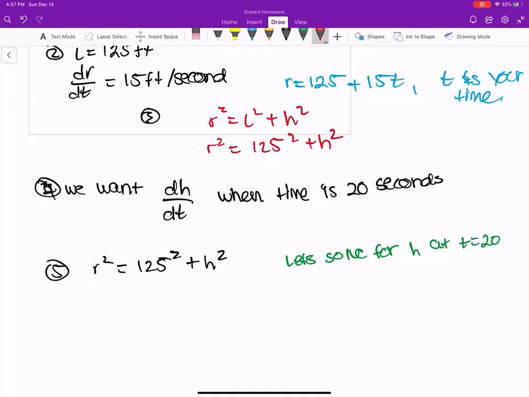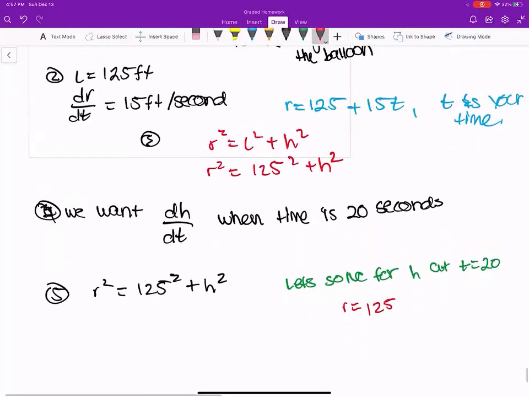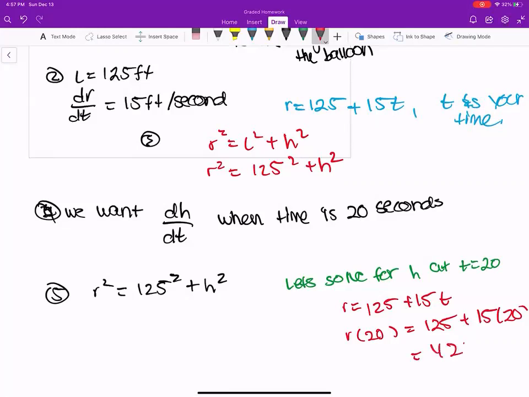Since r is the distance, we have our formula, r equals 125 plus 15t. Plug in 20 here, you get 125 plus 15 times 20, which gives you 425.